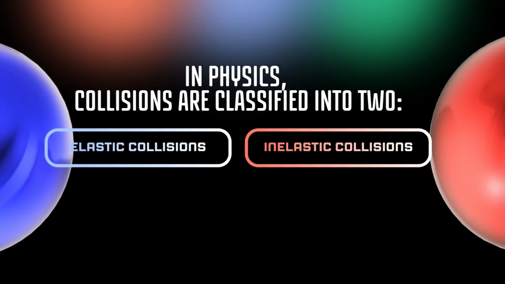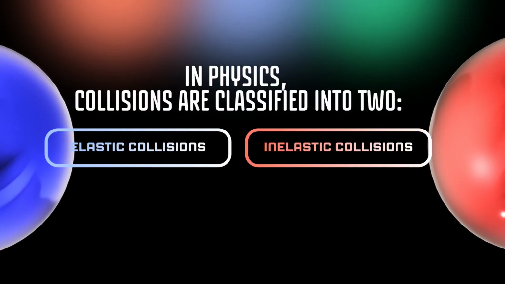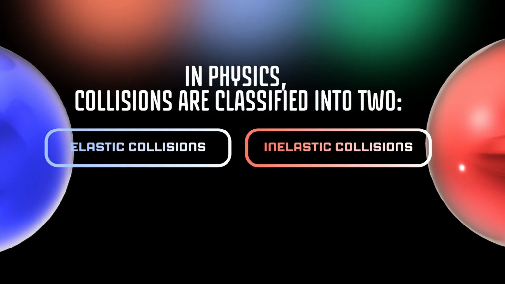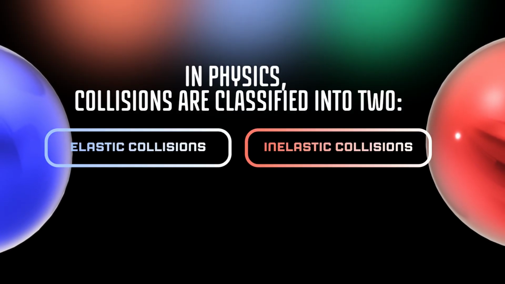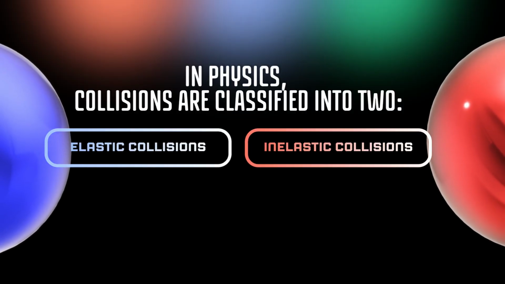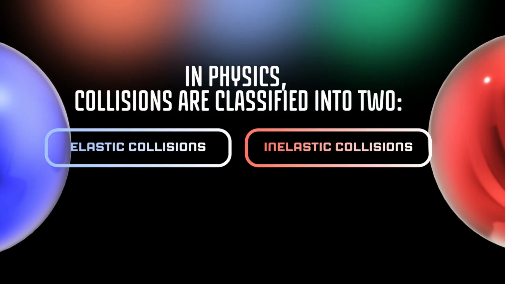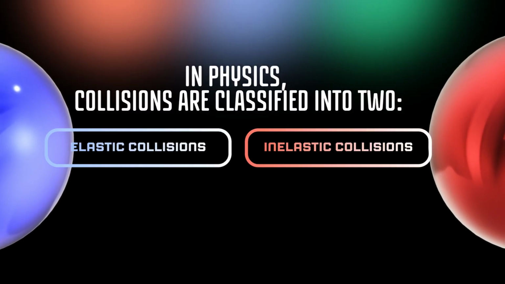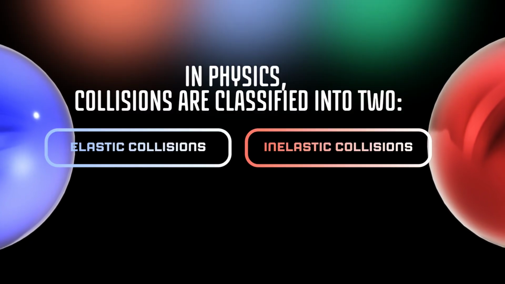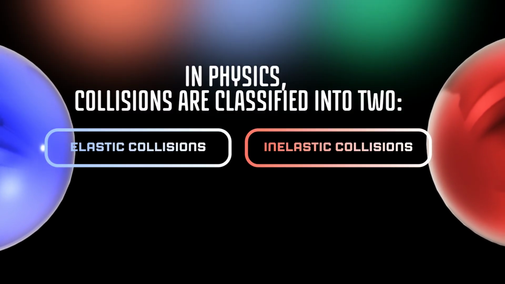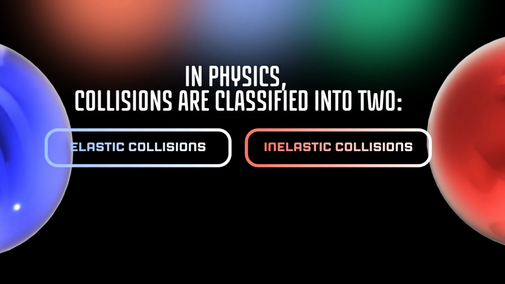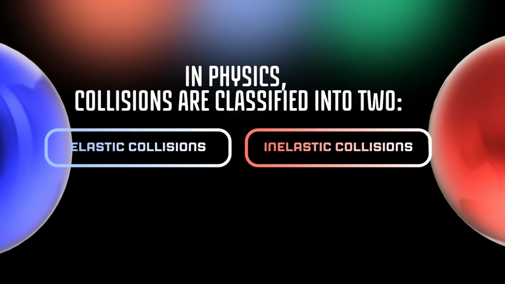It's crucial to understand these differences because they help us predict the outcome of real world collisions, whether in car accidents, sports, or molecular interactions. Now, as we move on to the specifics of elastic collisions, keep these fundamental concepts in mind. They are integral to analyzing how objects behave during different types of impacts.